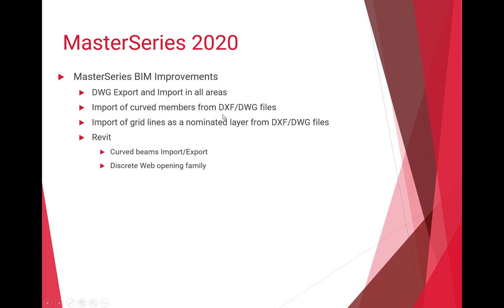Importing of DWG DXF files, which is different from CAD layers, but those of you who are users of MasterFrame will know that previously you could import a DXF file to actually create structure by selecting which layers you want to create members from. Those members can now be used. Curved lines in those drawings can be used to create curved members.